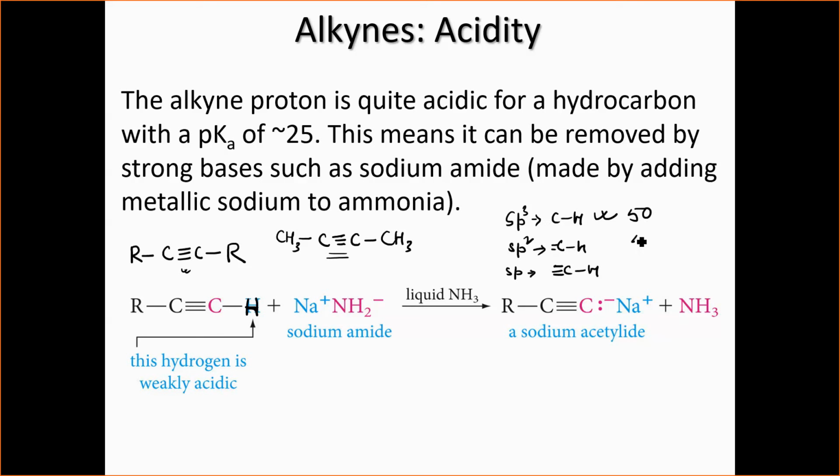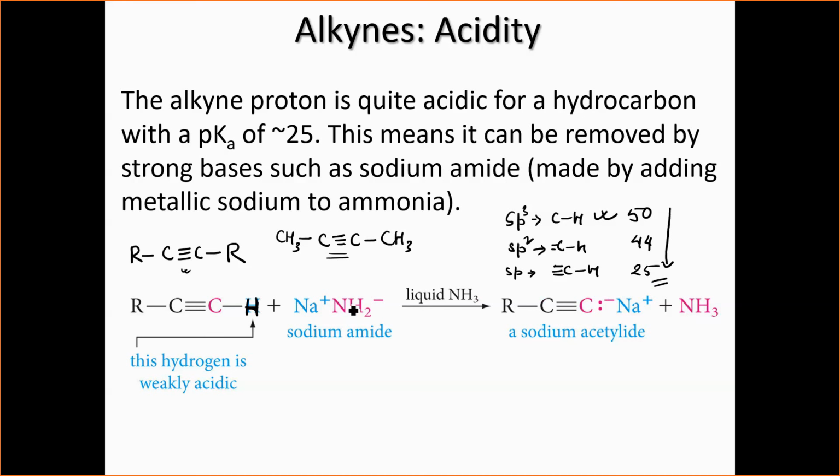The pKa of this one is around 44. The pKa of the triple bond containing carbon-hydrogen is around 25, right? Do you need to remember these numbers? If you can, that's fine. But in general, what I'm trying to show here is that on going from sp3 to sp, the acidity increases. That means this proton becomes more acidic.